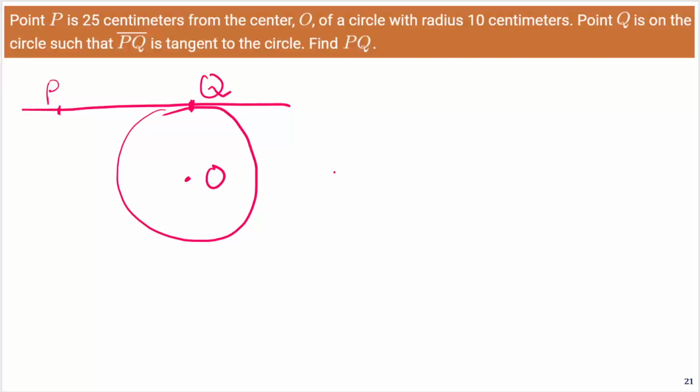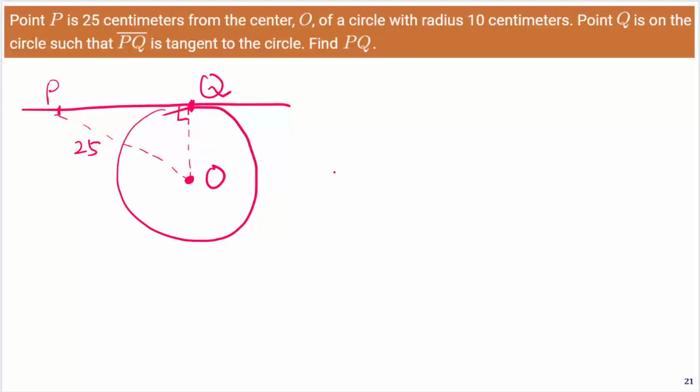Again, let me lead you through this. We can start by drawing a radius, because once you have a line tangent to a circle, usually we'll want to make use of some perpendicular lines, right? If PQ is tangent to that circle, we know that QO is the radius, and then this angle here must be 90 degrees, right? Then we could connect PO, that gives us a right triangle. So if P is 25 centimeters from the center, that means PO equals 25, right?